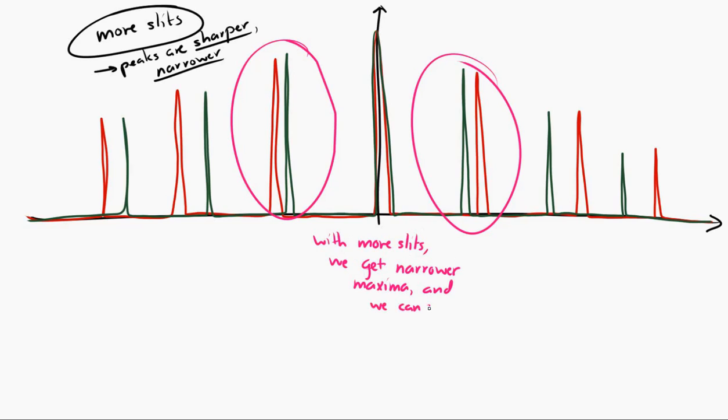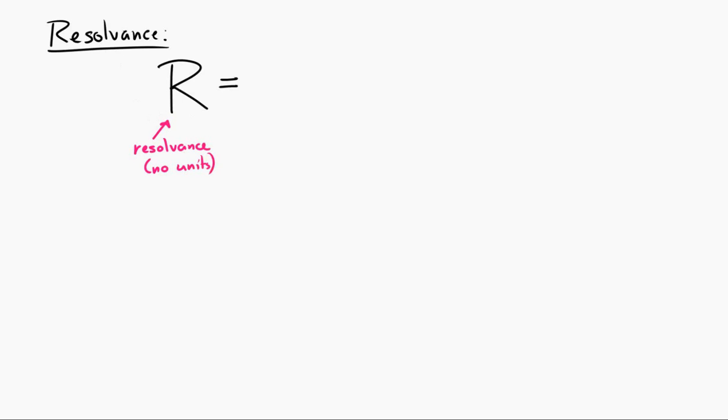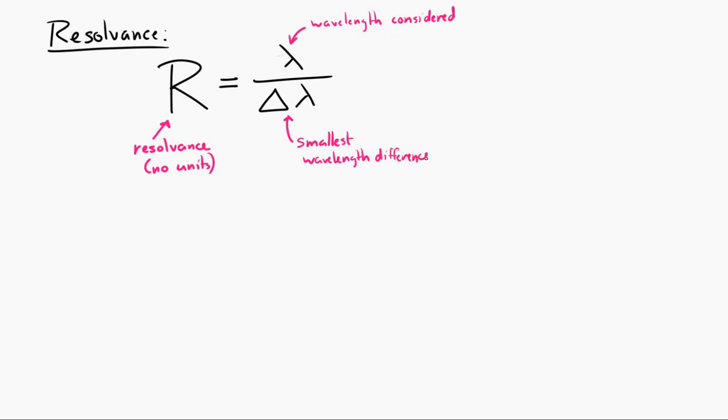So this all can be summarized with something called resolvance. We define resolvance for a diffraction grating as capital R, which has no units, and it's equal to lambda divided by delta lambda, where lambda is the wavelength that we're considering and delta lambda is the smallest wavelength difference which can be detected by this diffraction grating.